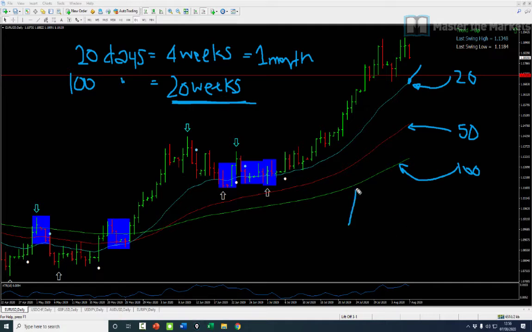What you're seeing here on the daily chart at a glance is not only the 20 EMA for the daily, but also the 20 EMA for the weekly chart. So you're seeing the trend over 2 different time frames on one single chart. I don't need to switch across to the weekly to see the 20 moving average. I can see it here on the 100 moving average on the daily chart.